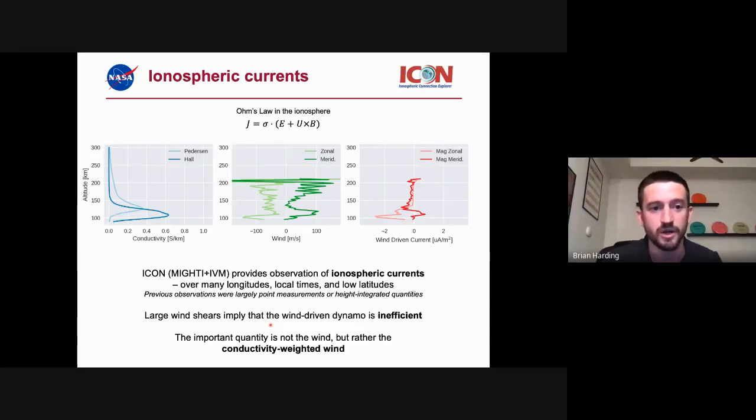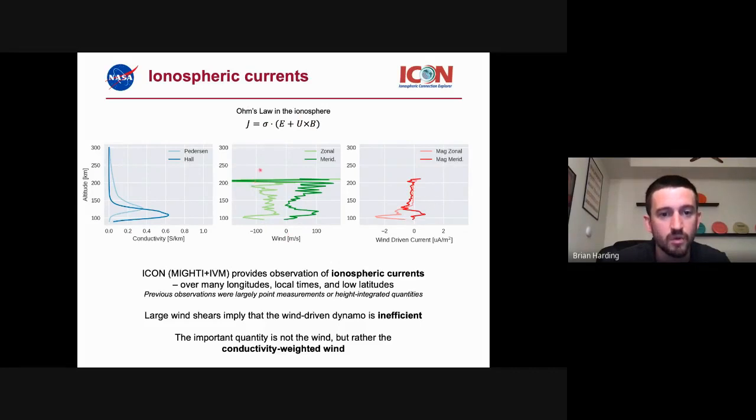regions horizontally spread out. One of the things that I think is really exciting about ICON is that if you assume you know the conductivity, which is fairly well known during the day, it actually measures the current. So this is the conductivity shown as Pedersen component and Hall component. The conductivity times U cross B is the wind-driven current, and that's shown here.